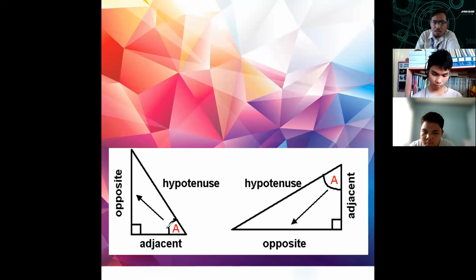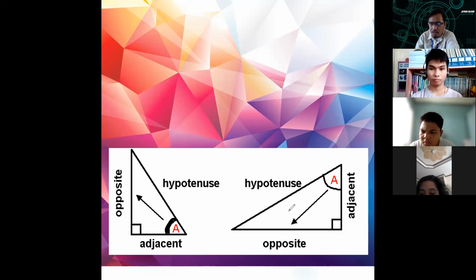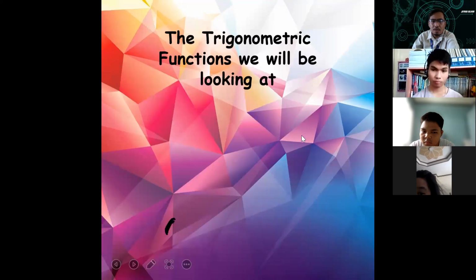If this is your angle, the opposite side is called opposite, and the side beside it is called the adjacent side. The longest side is the hypotenuse. If your angle is here, the opposite side must be somewhere here, the adjacent side is here, and the longest side again is the hypotenuse. So I think that is very clear.